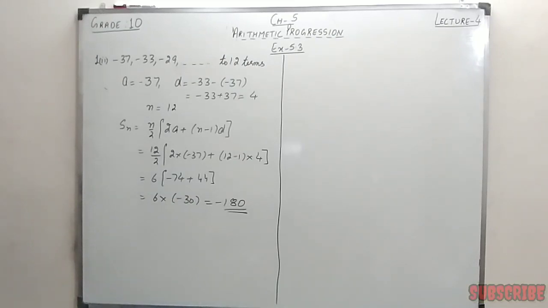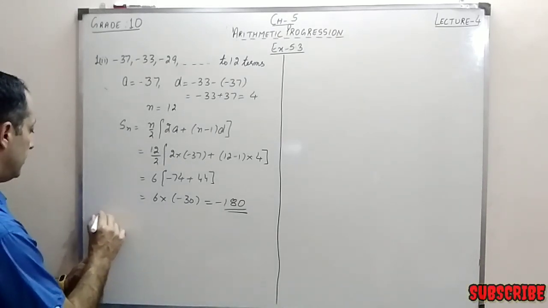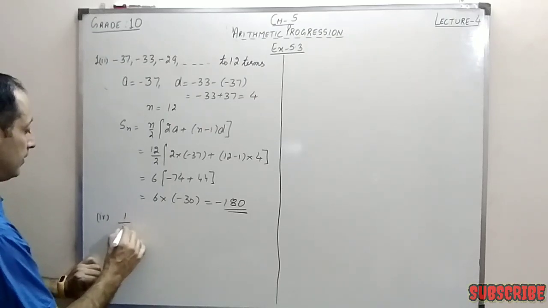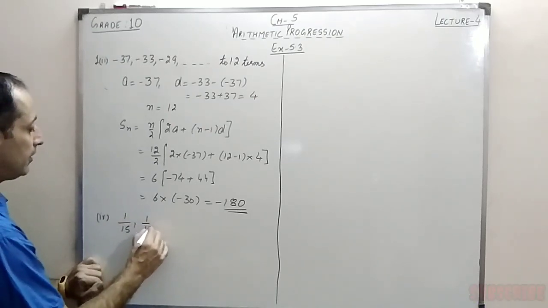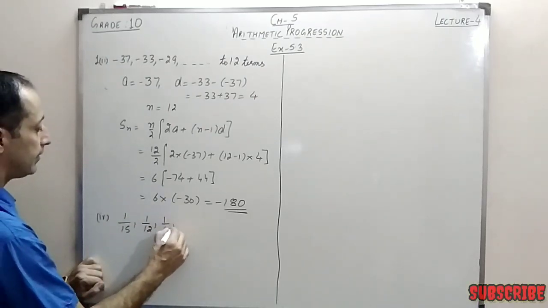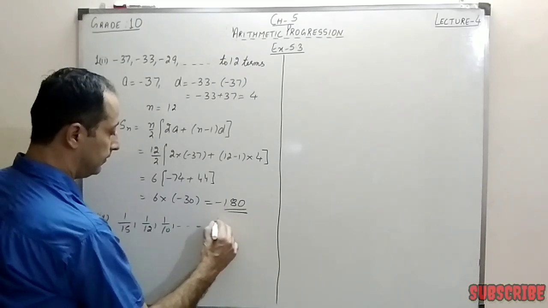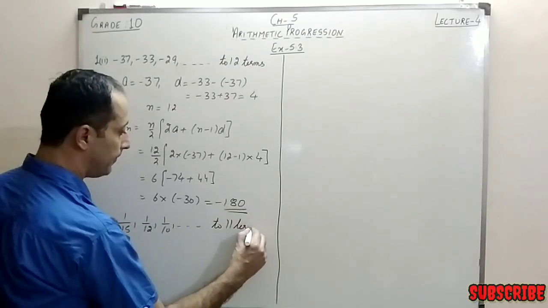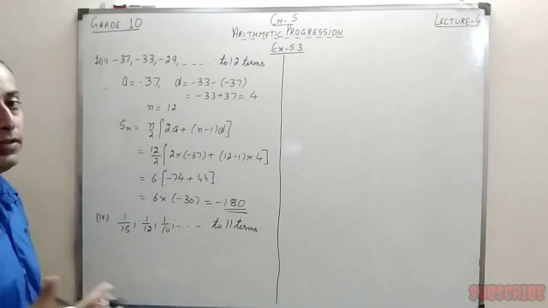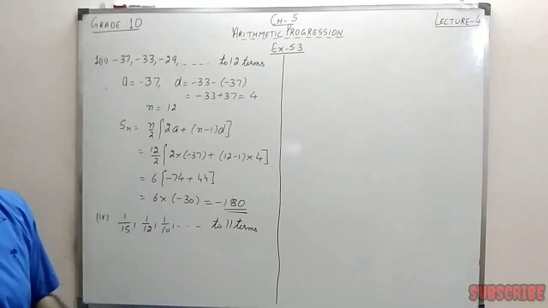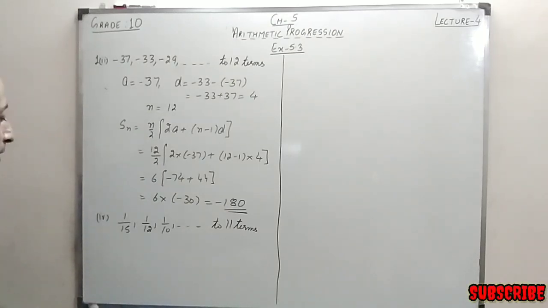Now let's take one more part of this question, that is the fourth part. In the fourth part, the AP given to me is 1 by 15, 1 by 12, 1 by 10, and the sum I have to find till 10 terms, 11 terms, sorry. Now again, the first step is to write the first term, the common difference, and the number of terms.